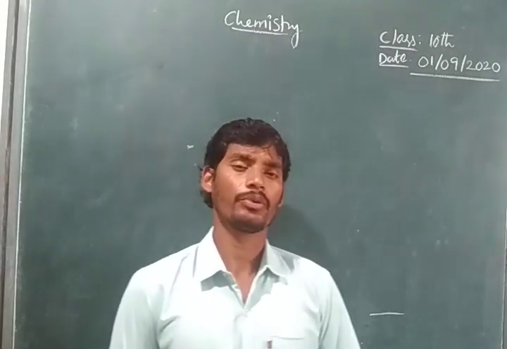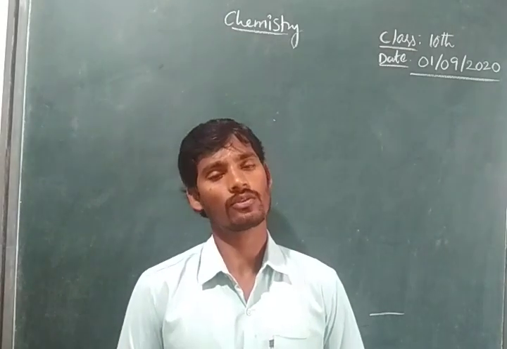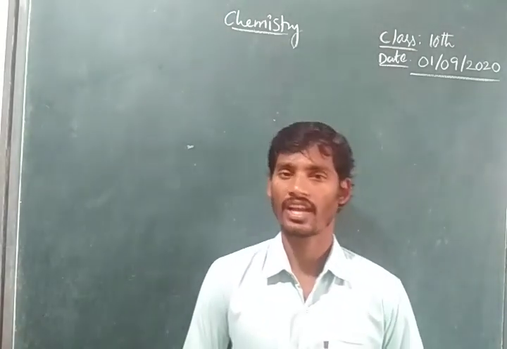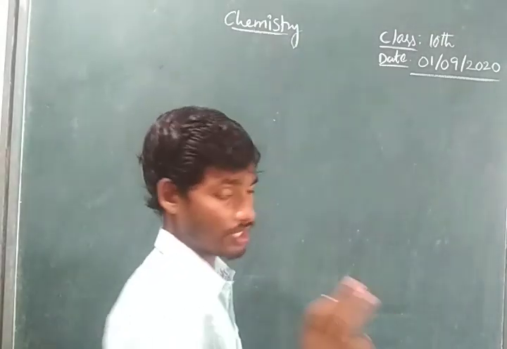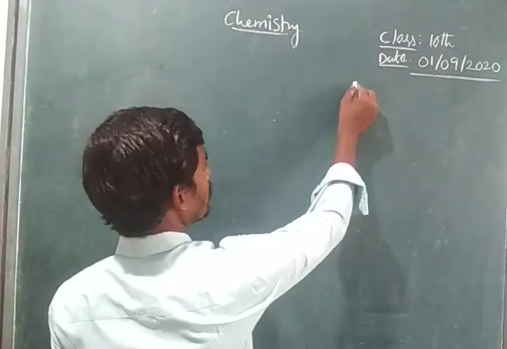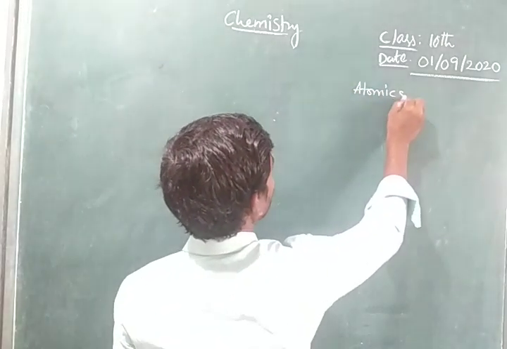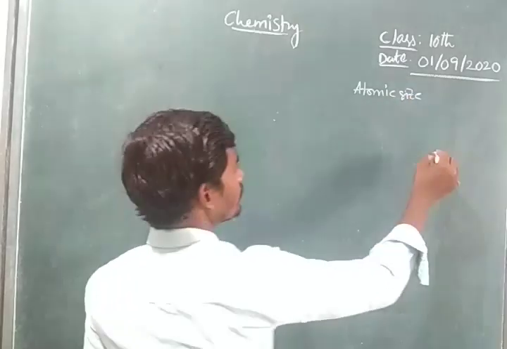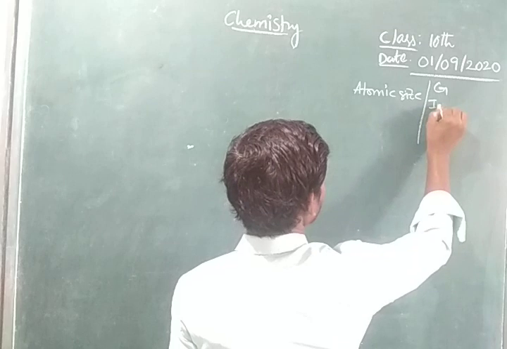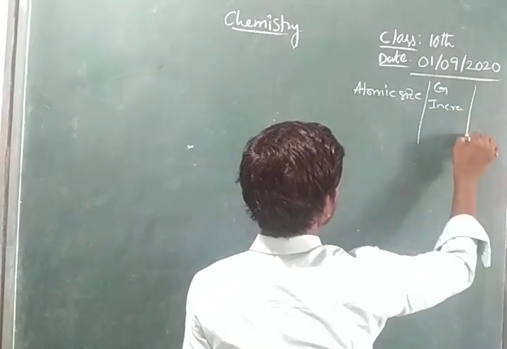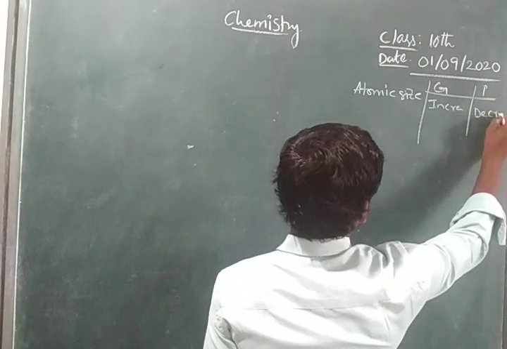So today we are going to discuss one of the periodic properties, that is the electron affinity. Till now we discussed two periodic properties. Those are atomic size: in groups it increases, in periods atomic size decreases.